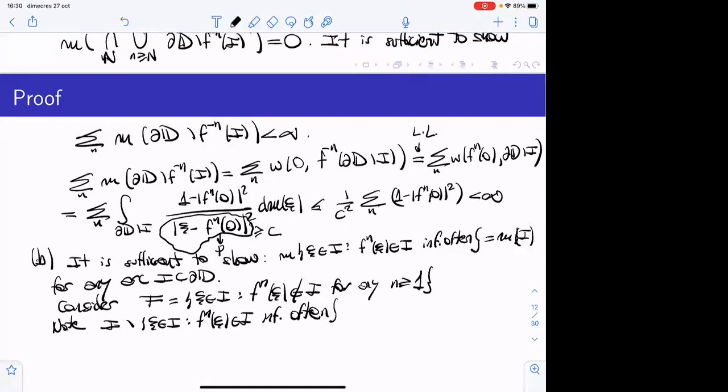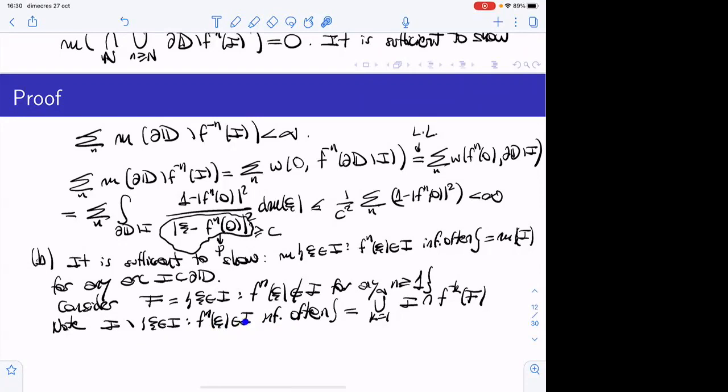Okay, but this can be written in this nice form. This is just the union of I intersected with f minus k of F. This is clear, right? Because these are points, I'm sorry, these are points which are in the arc I, but such that the orbit does not visit the arc I infinitely often.